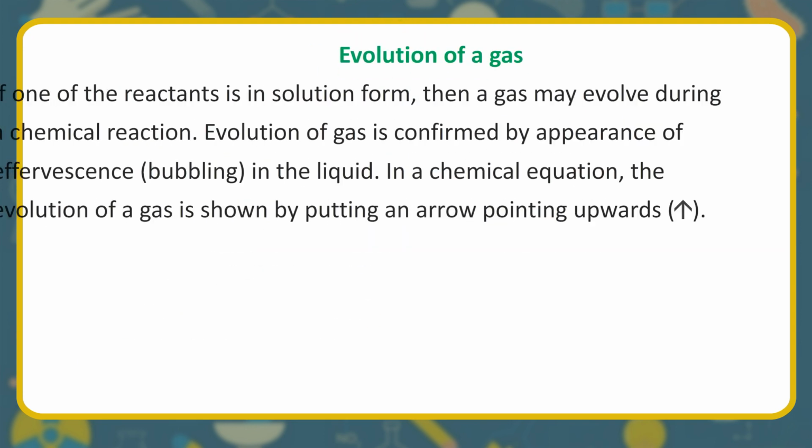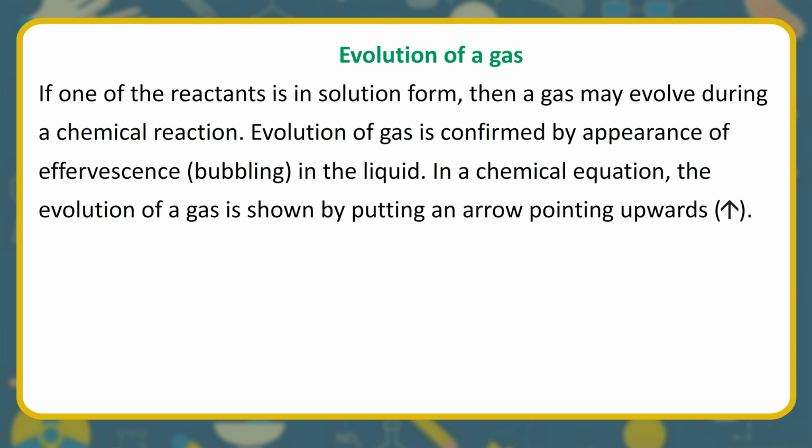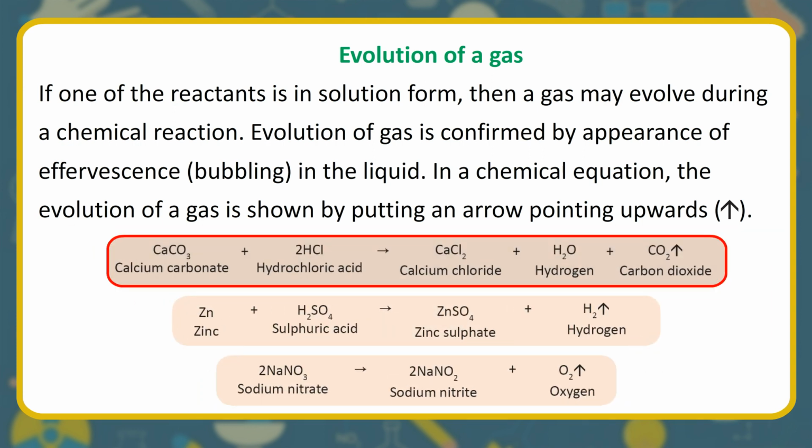Evolution of a gas. If one of the reactants is in solution form, then a gas may evolve during a chemical reaction. Evolution of gas is confirmed by appearance of effervescence, bubbling, in the liquid. In a chemical equation, the evolution of a gas is shown by putting an arrow pointing upwards.